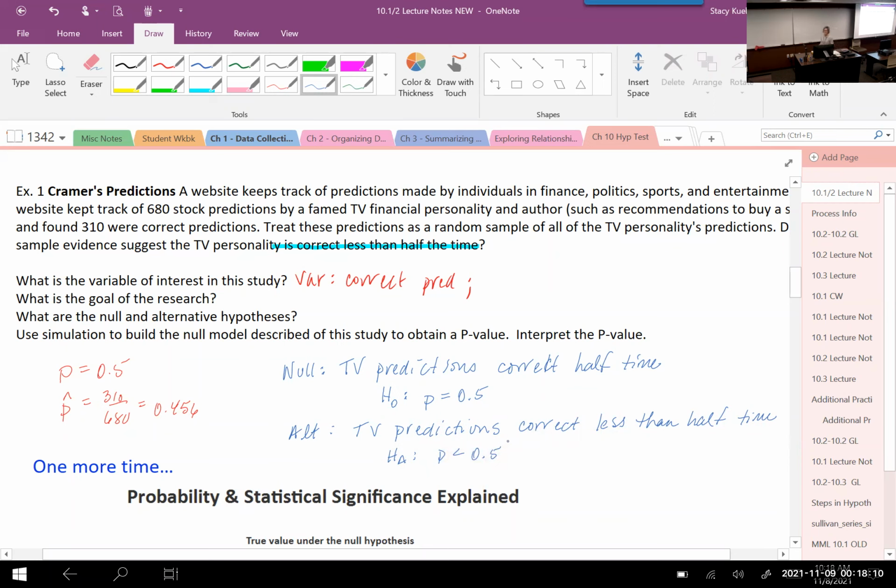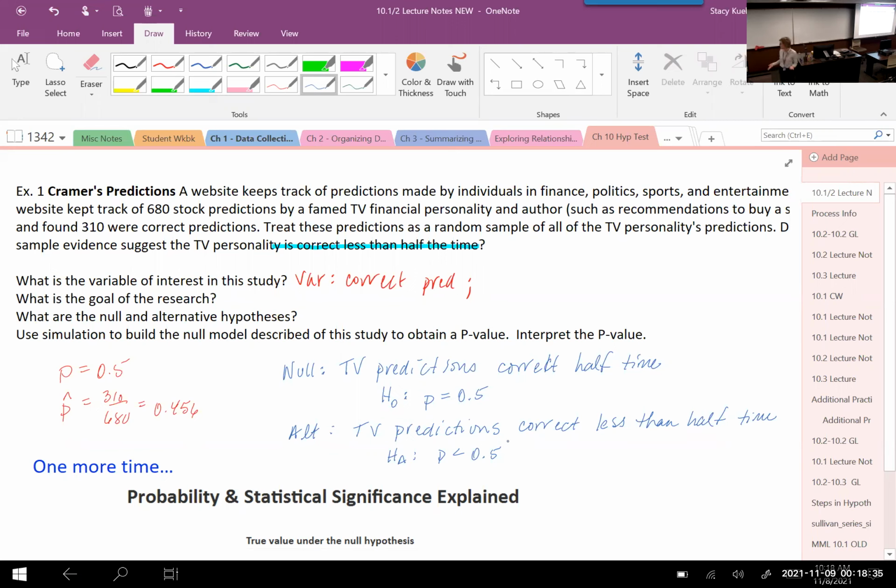Okay, so two things I want to point out about how I came up with our written statement for the null and the alternative. In relation to this problem, I'm trying to talk about what the population parameter is believed to be in context to the problem, and they believe that he's correct half the time.